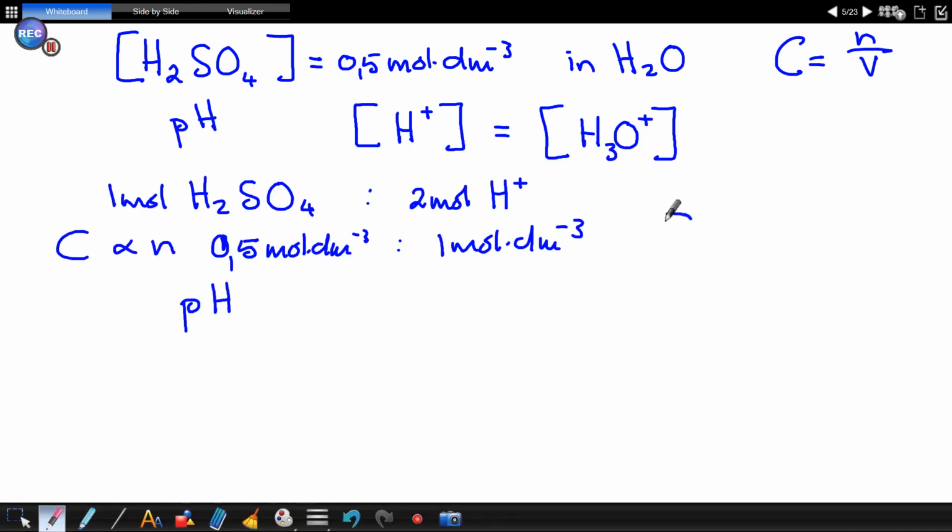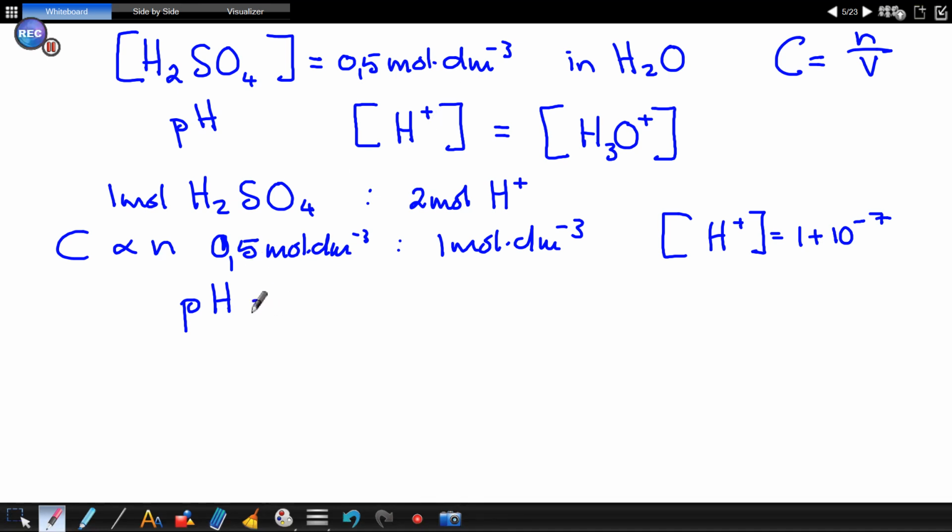What is the hydrogen concentration? It is 1. And how much of it comes from water? 10 to the minus 7. What's 1 plus 10 to the minus 7 actually? It's 1.0000001. So what happens to that contribution of hydrogen ions from the water? It's negligible. We can ignore it.